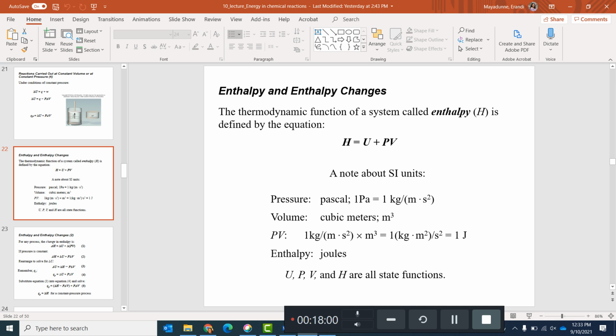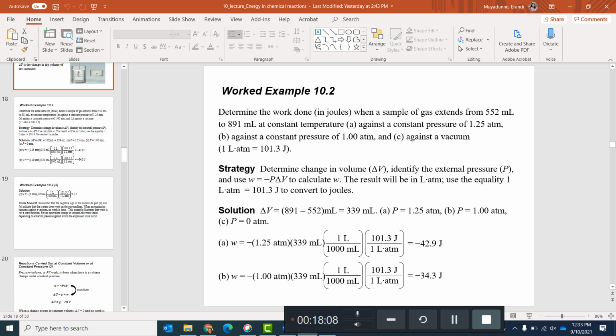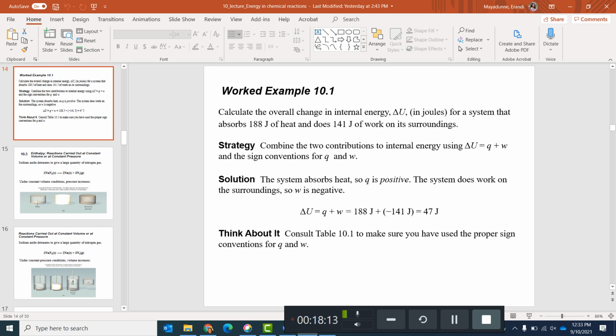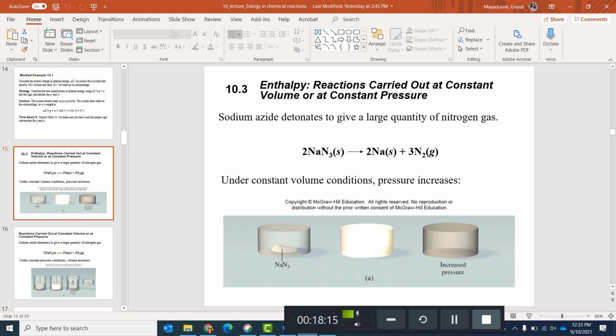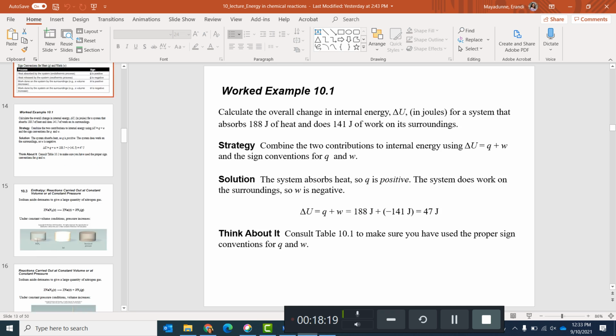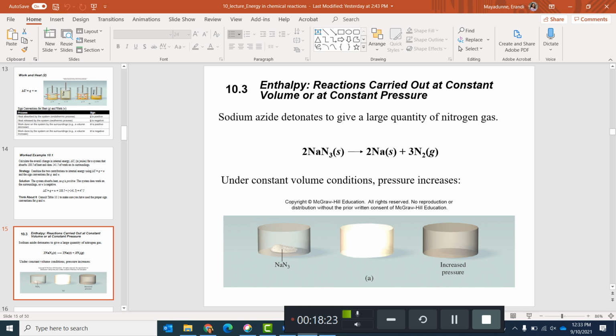Now, I told you about enthalpy. What is enthalpy? Let's go back to the enthalpy. Actually, enthalpy is the heat.